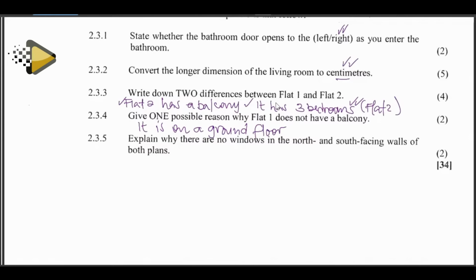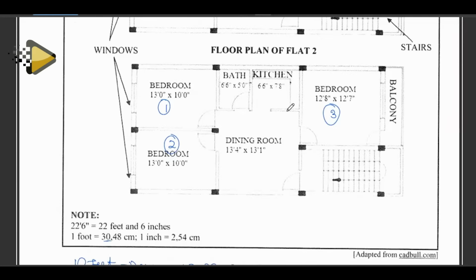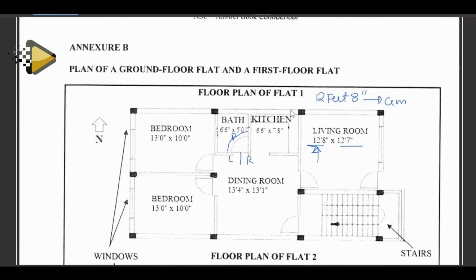Explain why there are no windows in the north and south facing walls. Let's go and check. So yeah, this is our campus. These walls here are in the north.